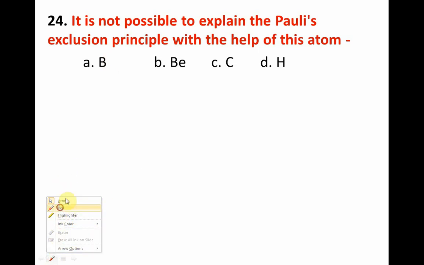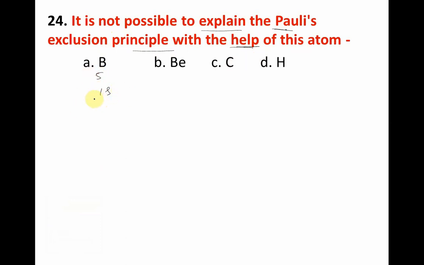It is not possible to explain the Pauli's exclusion principle with the help of this atom. Pairing of electrons does not take place in the subshells of equal energies until all the orbitals get occupied by a single electron. Boron, atomic number 5.